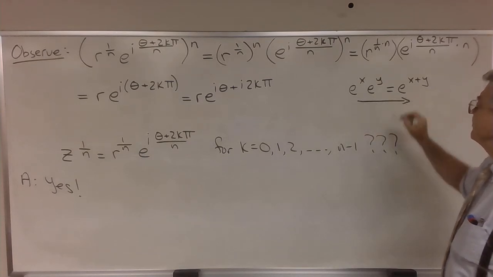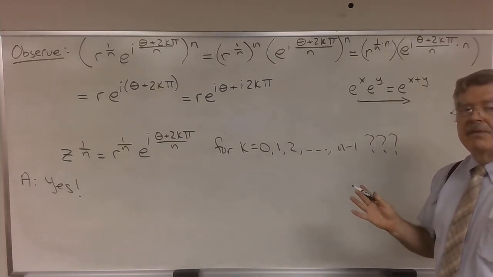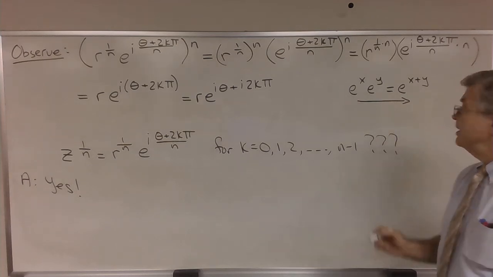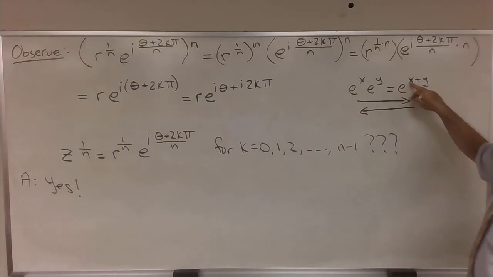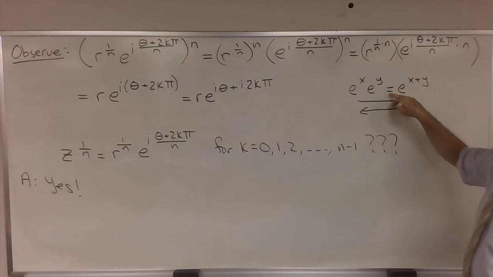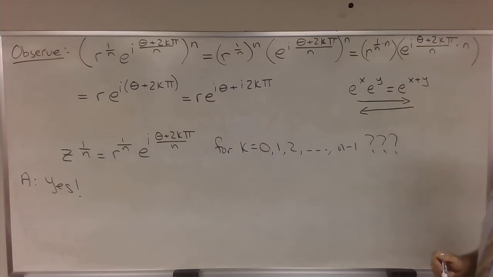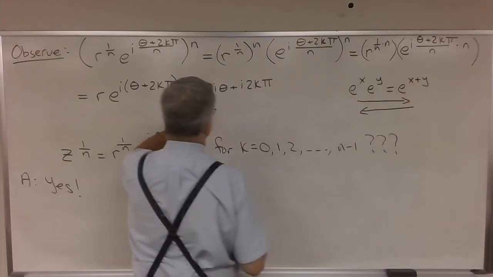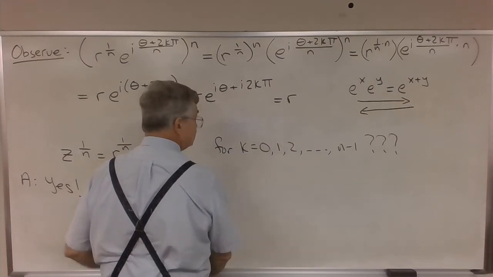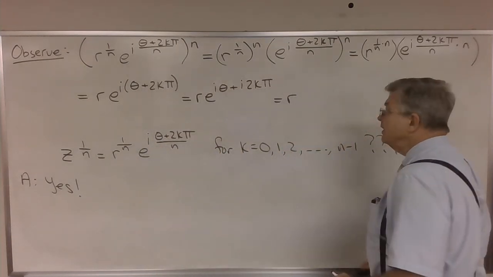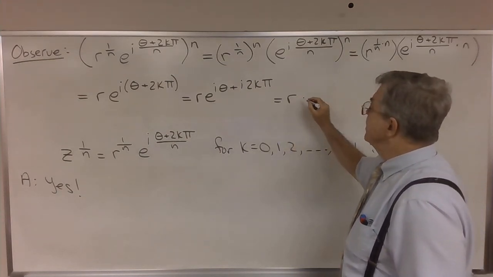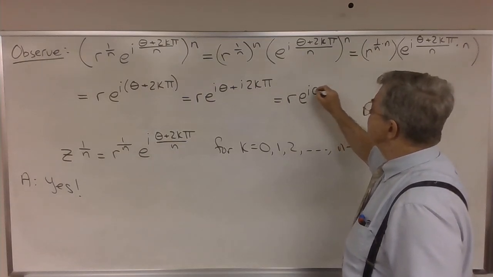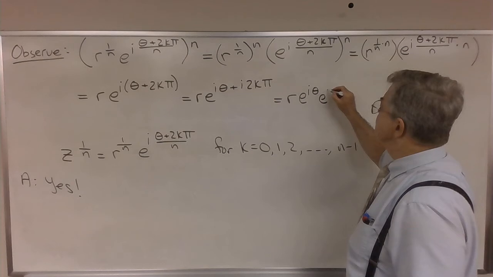Not only do they go from left to right, which is usually how we think of them because we read left to right, but equations also go from right to left. So we have e to the power of the sum of two things is equal to e to the power of the first times e to the power of the second. And that tells us exactly how to write this. We have e to the power of the sum of two things. So we write it as e to the power of the first times e to the power of the second.